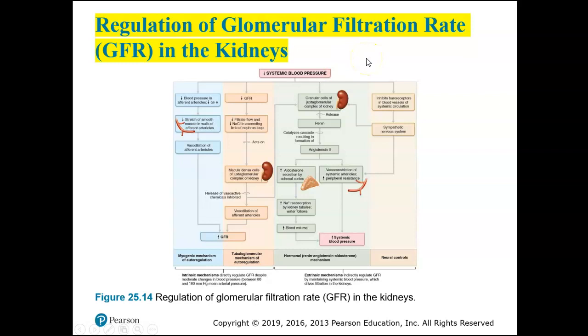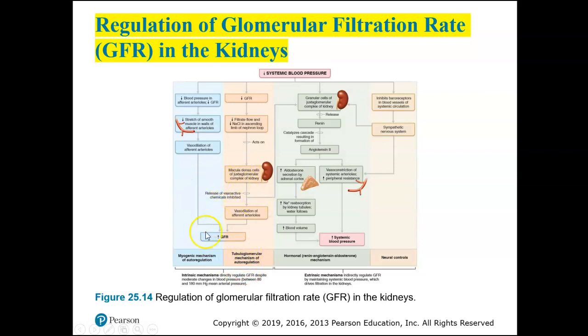And what are all the things that happen to raise the blood pressure? What we're looking at over on the left shows you the myogenic mechanism, which has to do with the stretch in the afferent arterioles, and then the tubuloglomerular mechanism has to do with the macula densa cells.